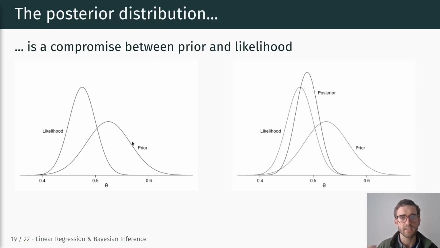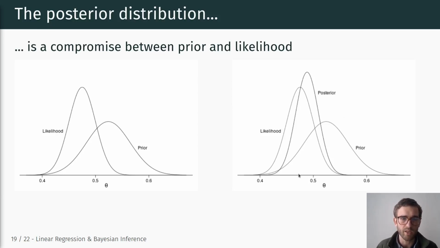Okay. And what this posterior distribution ultimately looks like is basically a compromise between the likelihood, the data estimate, so to speak, and our prior estimate, right?